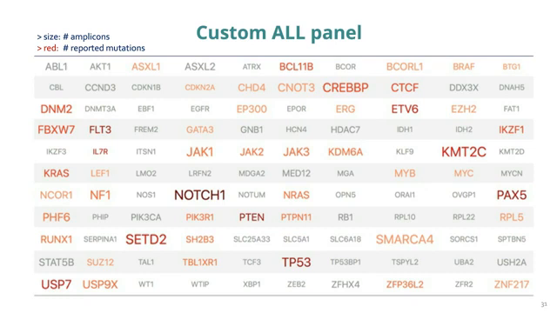And you can see that, for example, for some genes like NOTCH1, there is a good correlation with a very high number of amplicons covering the gene and a very high number of reported mutations. However, for other genes, like PTEN for example, most of the mutations are located in a few spots. And for other genes like SMARCA4, the mutational pattern is more spread over the gene.